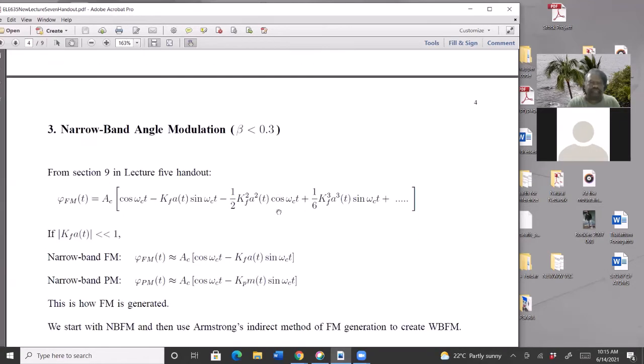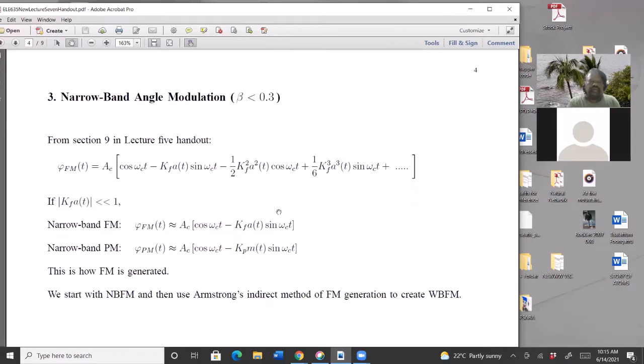Okay, so on the first day when we started angle modulation, I said this chapter is going to go into so many different branches. First of all, there is phase modulation and frequency modulation. Then there is general modulation and tone modulation.